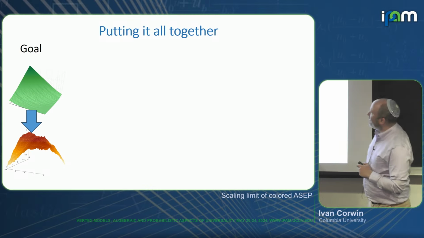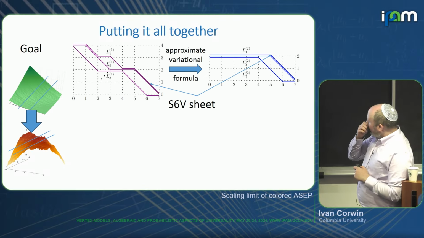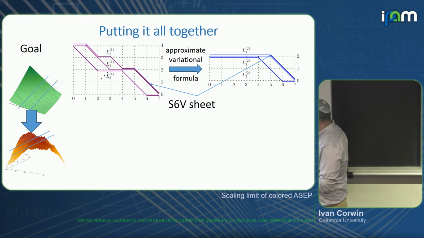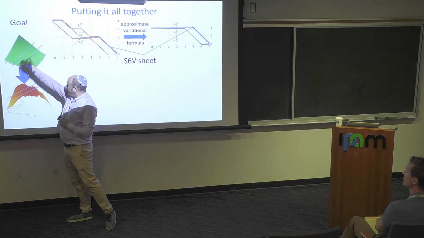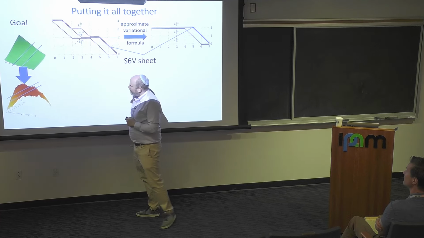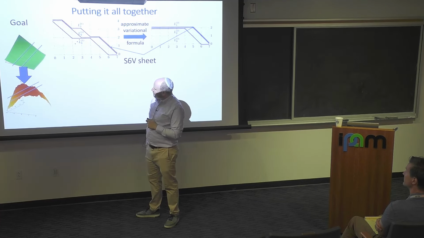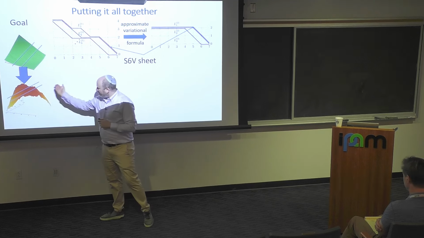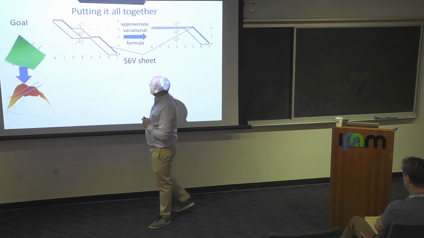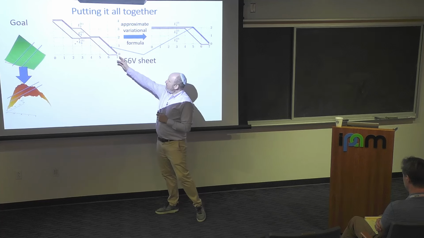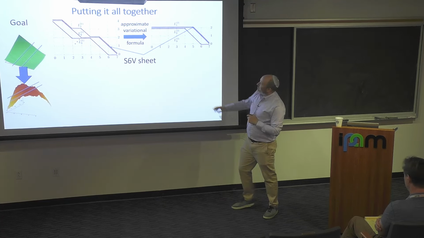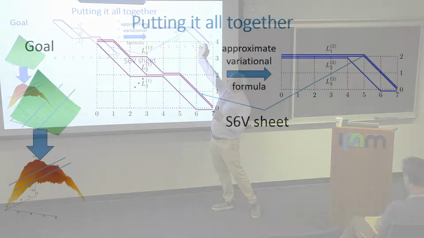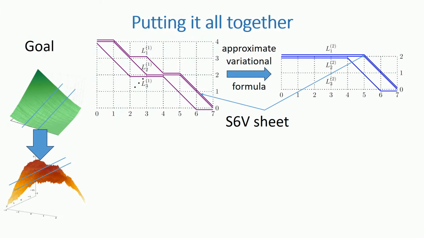And when you combine all of this, if we put it all together, let's say we're interested in two different slices, we're going to do finite dimensional slices, of this fluctuation field, this two-parameter field. You can embed that in these two line ensembles, so line ensemble 1 and 2. There's an approximate variational formula that identifies the second one in terms of the first.